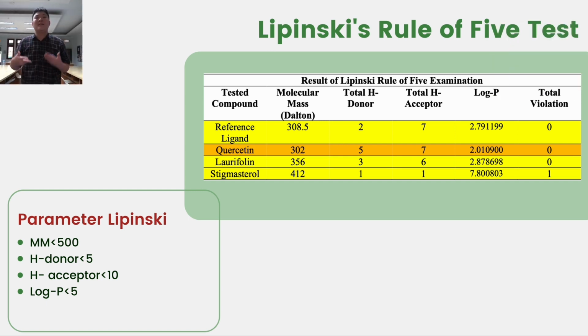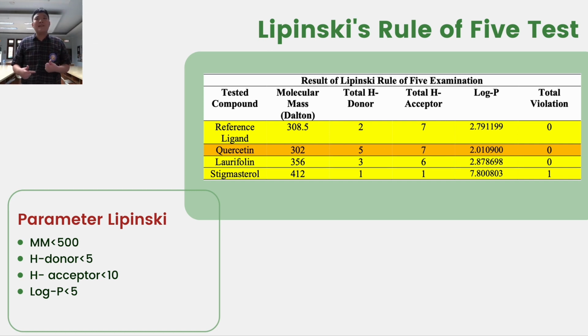Now I'm going to discuss the Lipinski rule of 5 tests. There are 5 parameters tested: the molecular mass must be below 500 Dalton, H donor below 5, H acceptor below 10, and log P below 5. From all of this, it will be analyzed from the total violations.